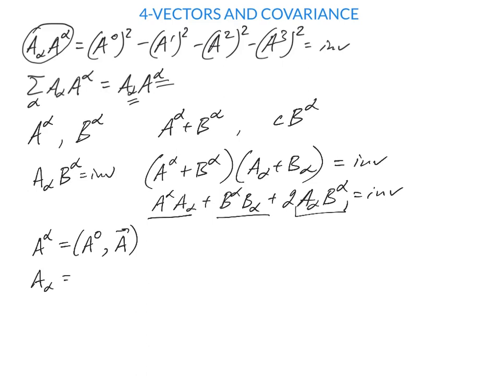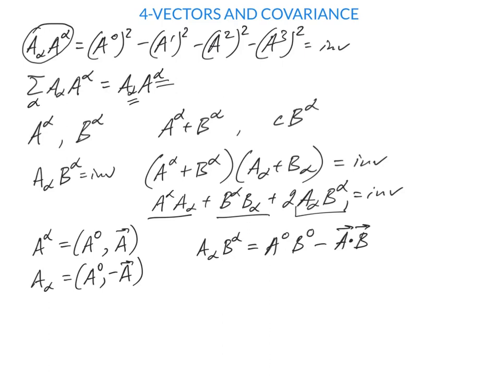Covariant components correspond to changing the sign in front of that vector. In this notation, we can also write the contraction of two vectors as A⁰B⁰ minus A dot B, the usual three-dimensional dot product.